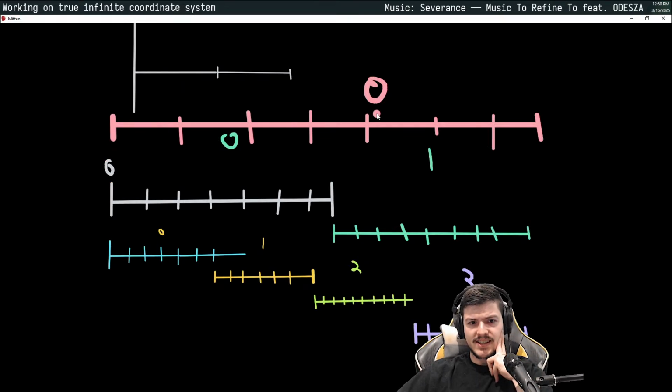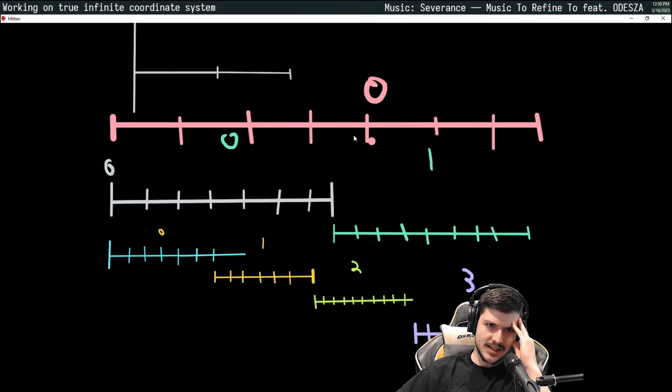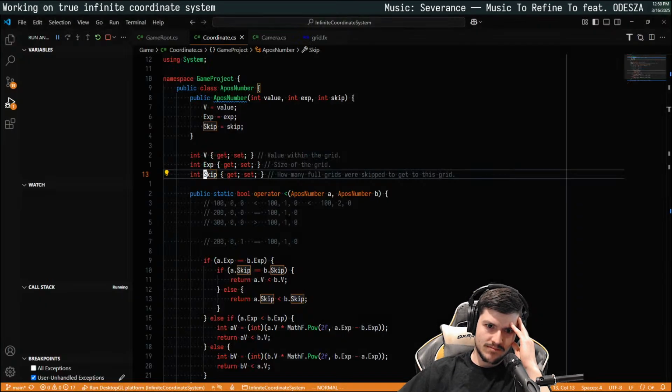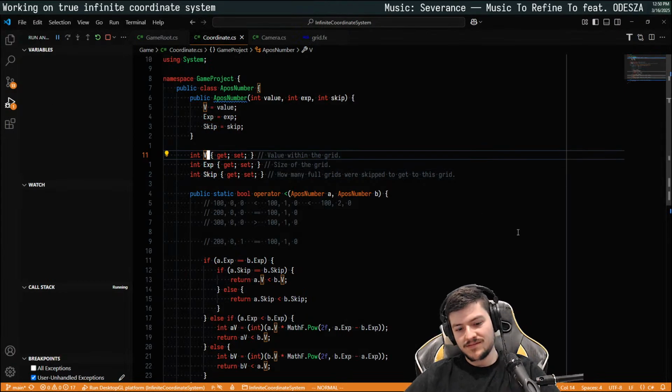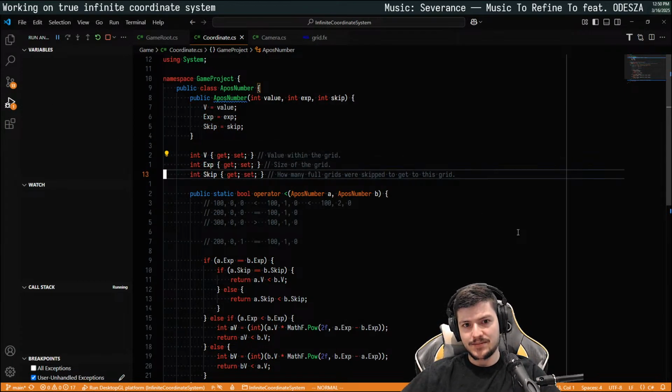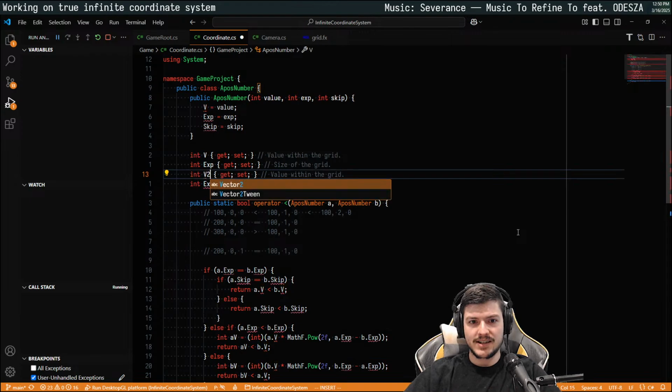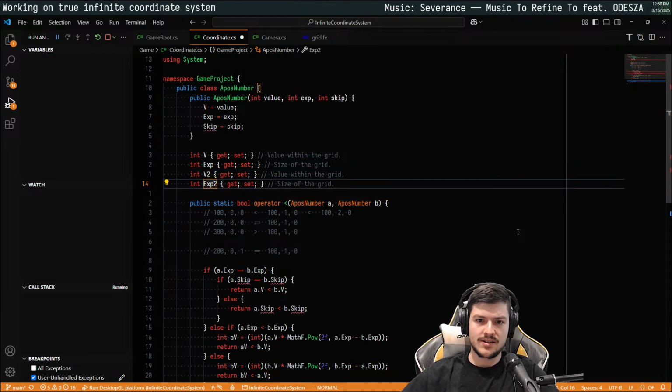Can I express every number anyways if... Like, let's say you had v exponent. Let's say there's no v, but like you do v2 exponent 2 or whatever.